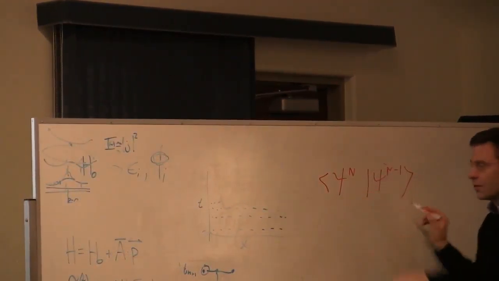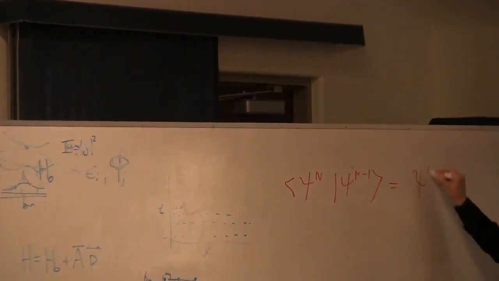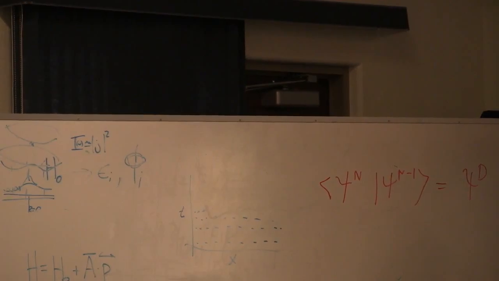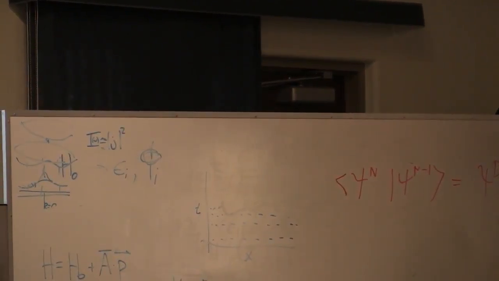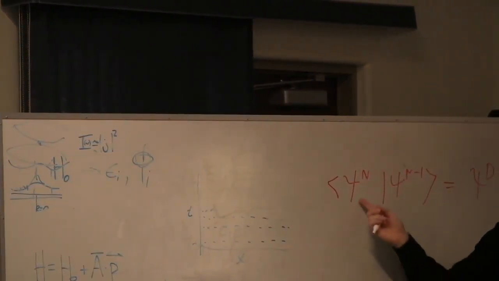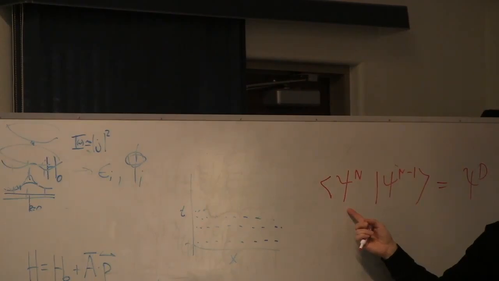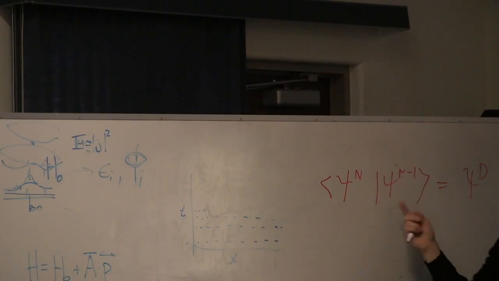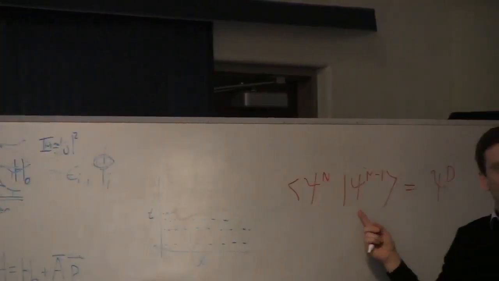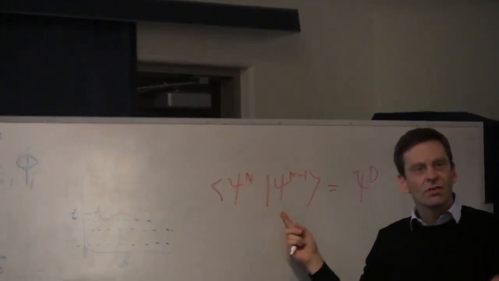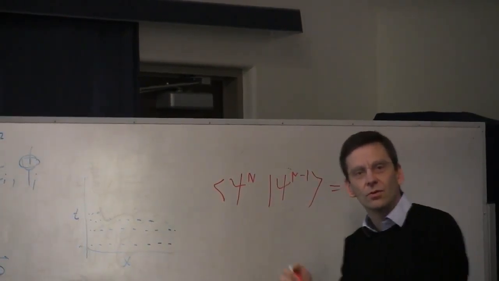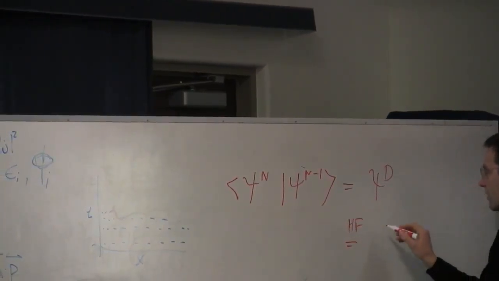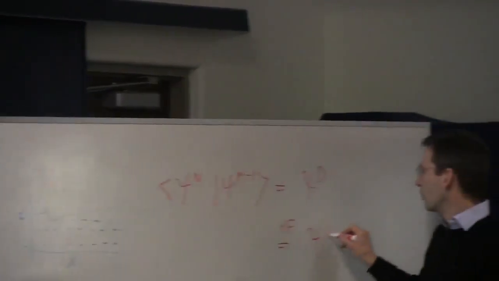Once you have done that, you have the Dyson orbital, which is the one-electron function. In the single determinant picture, you remove the valence orbital, and the other orbitals stay the same, unrelaxed. So this would give you the HOMO.